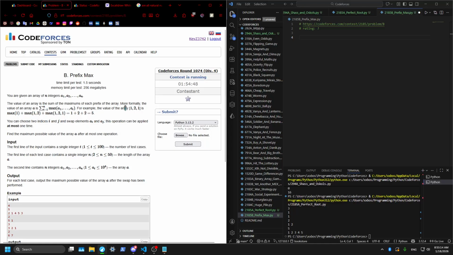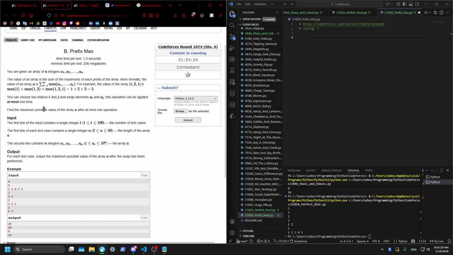For example, the value of the array is max 1 plus max plus max. Oh, I see. And choose two indices to swap. Be applied one time.